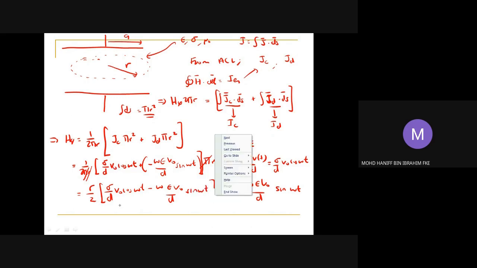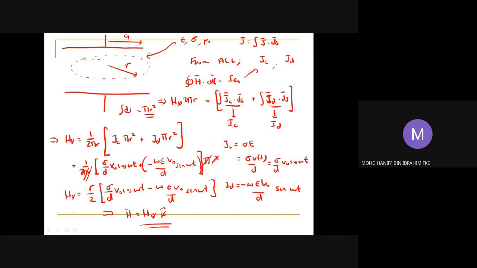That should be your H phi, and from here we can find the H vector, which will be H phi in the phi direction. It is clearly shown that the H field we have calculated here is the H field at any position of radius r from the center of the capacitor.